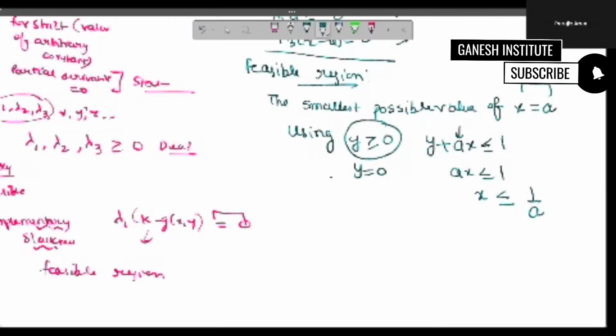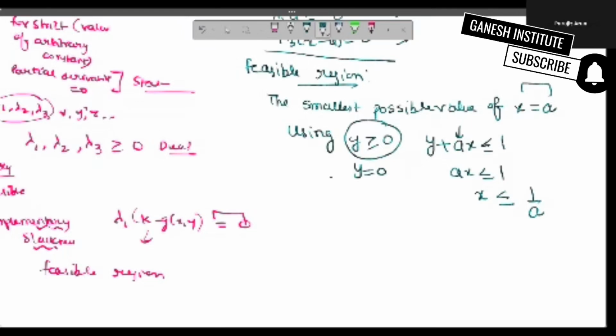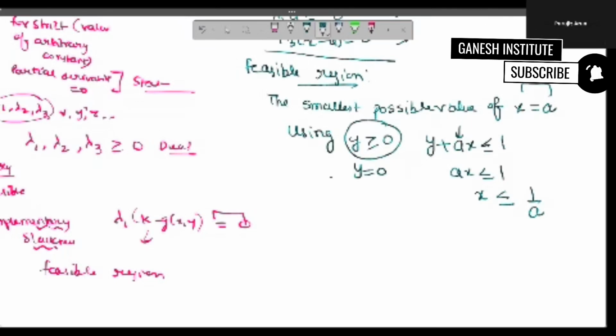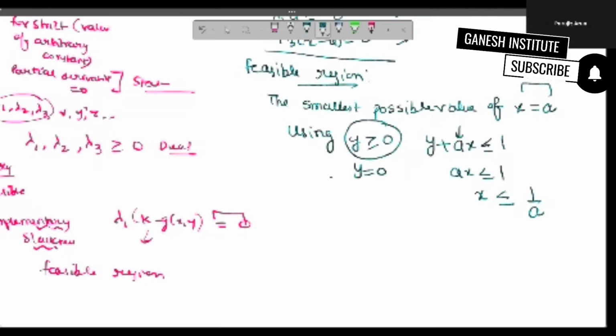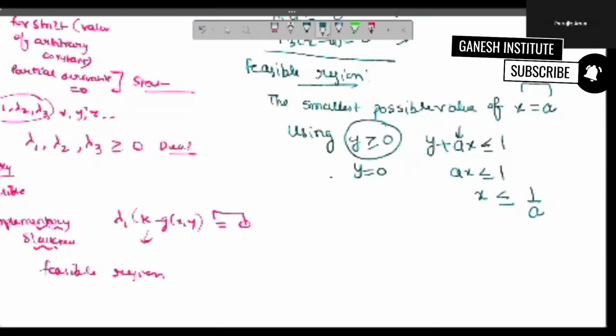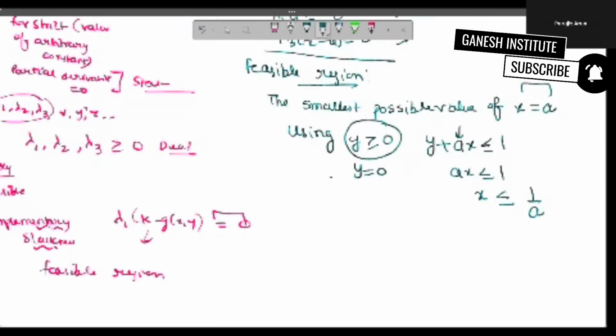So Y and X have to be finite numbers. So that is where the bounded value comes from, right?